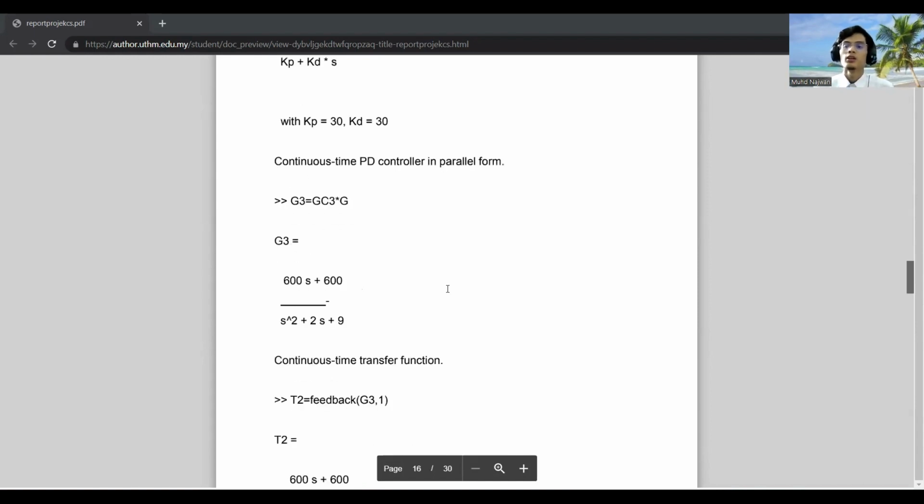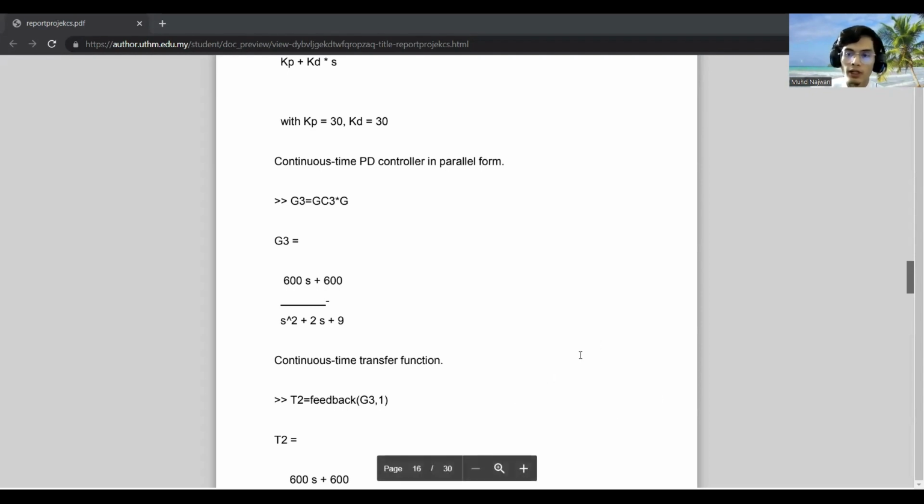So after that, to find the G3, I equal as GC3 times G. So G3 I will get 600 S plus 600 over S square plus 2S plus 9.